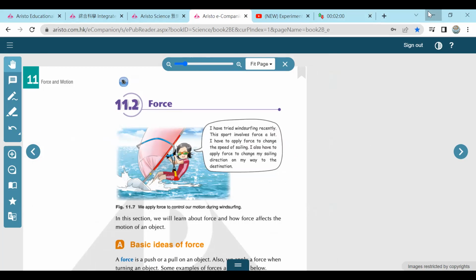It's a Google form for chapters 11.1 and 11.2. It is for your preparation. This will be on next Monday. This is also called force.